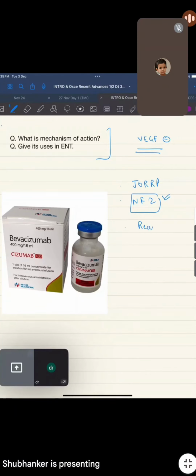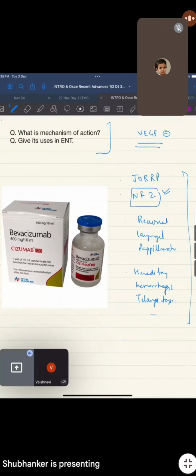Apart from that, there is recurrent laryngeal papillomatosis. Basically it is another name for RRP only, but for filling your answer sheet, you can very well write it. Then you can also write hereditary hemorrhagic telangiectasia. ठीक है? ये तो हो गया ENT का यूज.